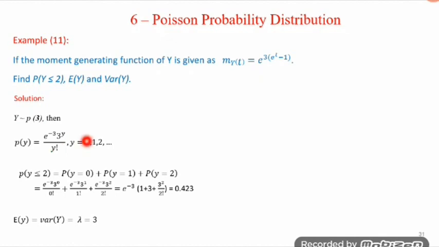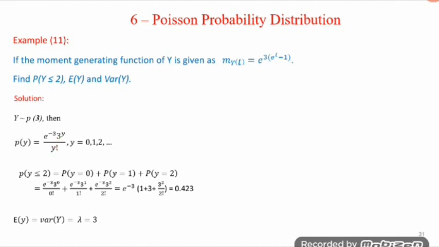And if we try to compute the probability that Y is less than or equal to 2, this can be simply done by summing all probabilities that Y may take from 0 up to 2, which is the summation of the probability of Y equal 0, Y equal 1, plus Y equal 2, and each of these probability statements will be computed using this formula.